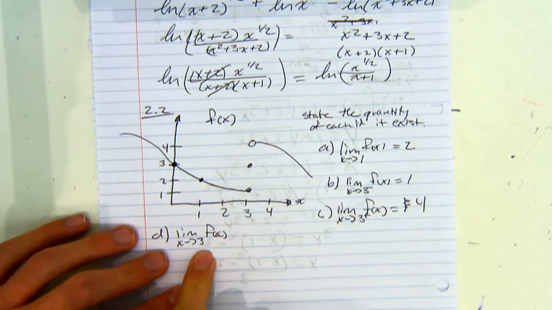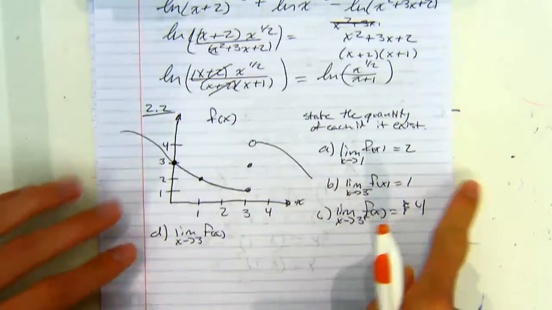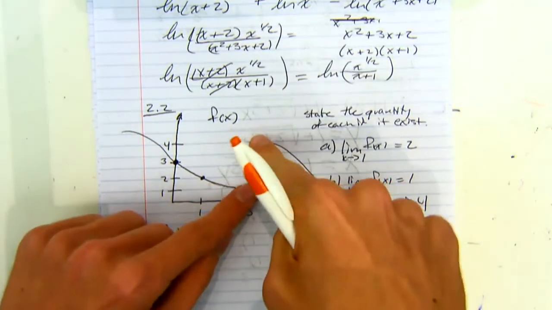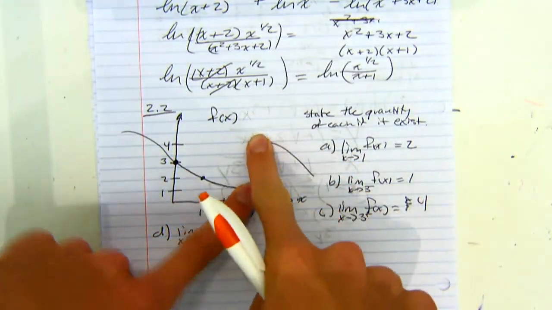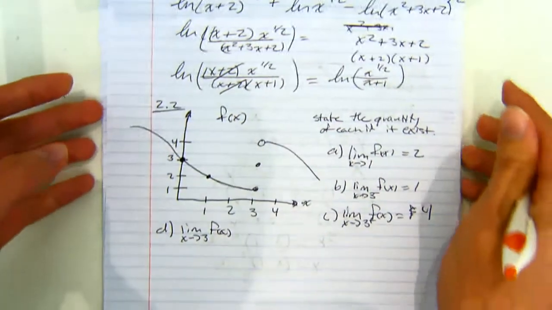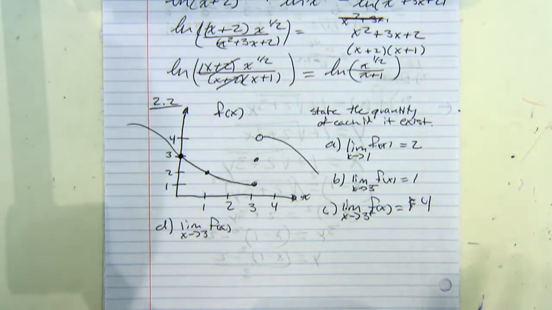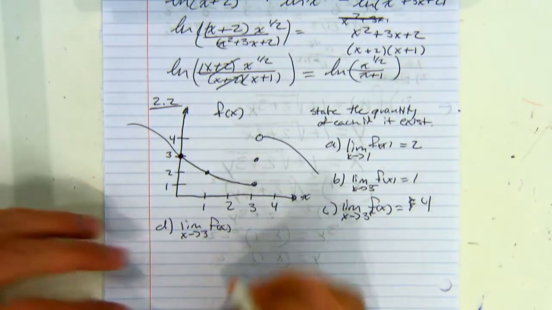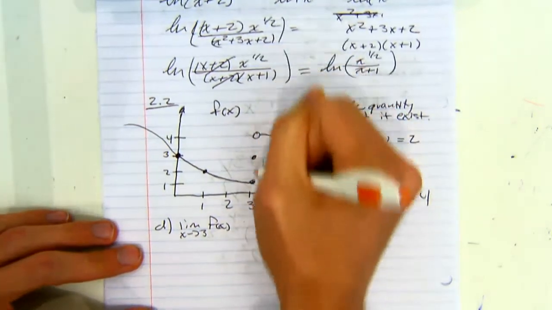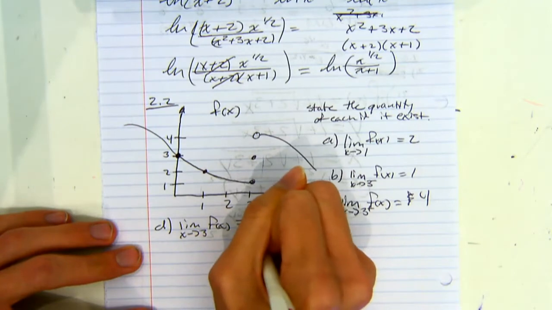And as x approaches 3 from the left and right, our fingers won't meet. So essentially, the limit doesn't exist here, since our definition of limit relies on the left side having to equal the right side for the limit to exist there. So since we don't meet, it does not exist.